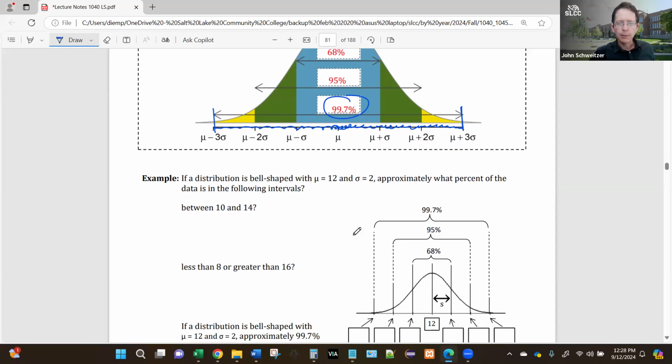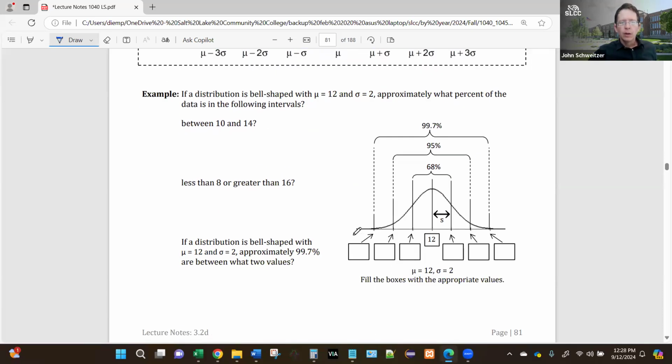So let's practice with one of these, and I think you'll get the hang of it pretty quickly. If a distribution is bell-shaped with mu equals 12 and sigma equals 2, approximately what percent of the data is in the following intervals? Anytime I get one of these empirical rule type problems, before I answer any of the questions, I just get my segments set up.